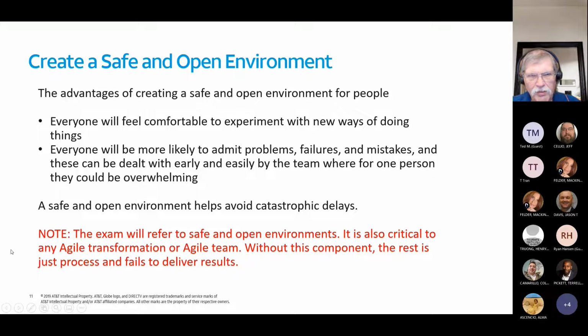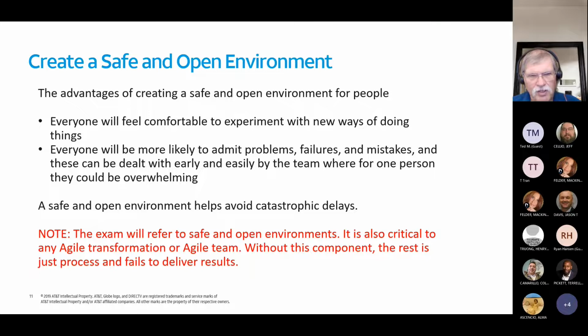Also remember the note here that the exam is going to refer to safe and open environments. It's also critical to any agile transformation or agile team. Without a safe and open environment, without this component, the rest is just process and fails to deliver results. We've seen this before, last week, a different way of expressing it.